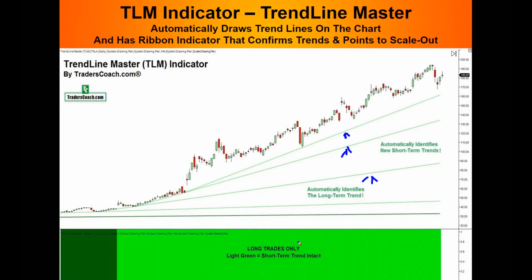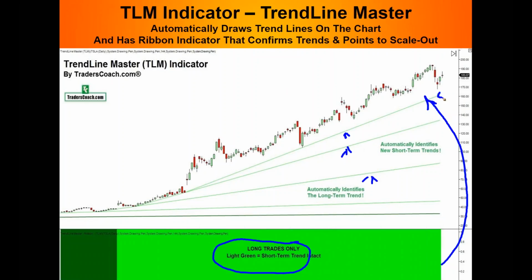And then we put a ribbon at the bottom, so not only does it draw the trend lines, but the ribbon at the bottom shows what is the most active and current trend line at this particular point, and that's the short-term trend line, so it's a light green, okay? So it just means if you have green, the trend is still active.